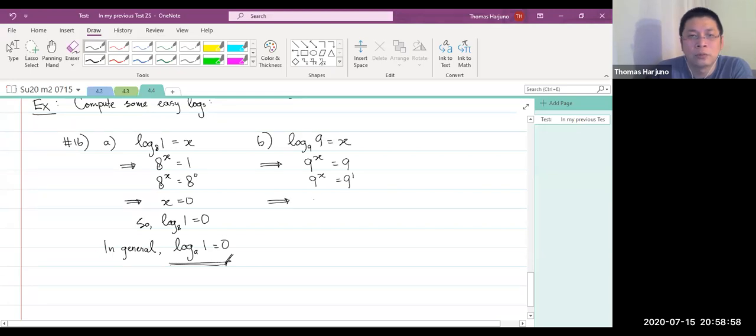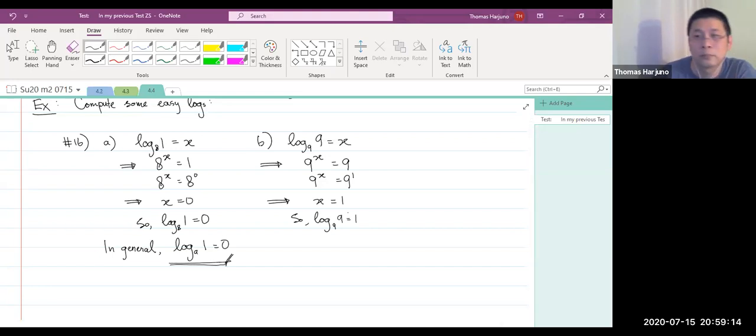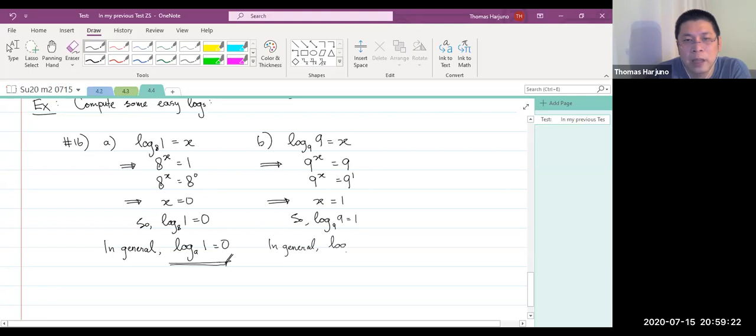Therefore, by one-to-oneness, x equals 1, and log base 9 of 9 is equal to 1. So in general, log base a of a equals 1.